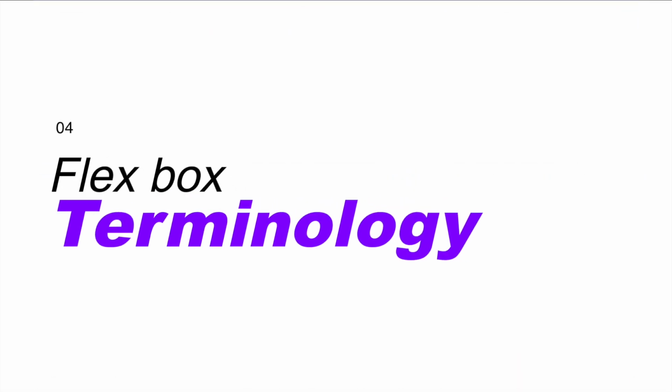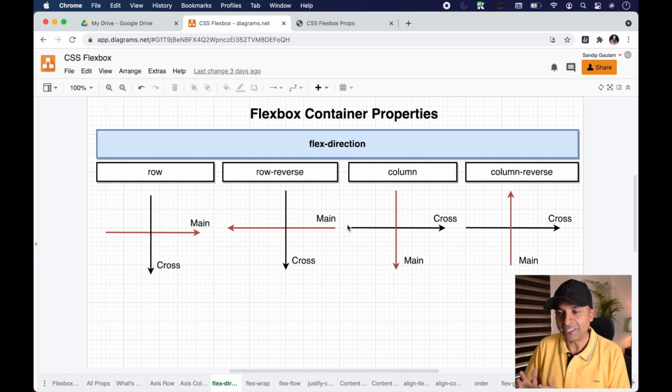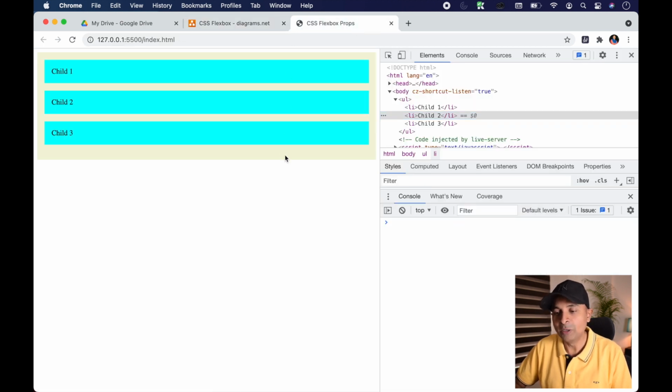Okay, let's jump into our first flexbox container property. The first property we are going to talk about is display flex. I mean, you see here flex direction. Obviously, we'll start with the flex direction property. But first of all, we need to convert our container into a flex container, because normally, when we see this container, this is a normal block container.